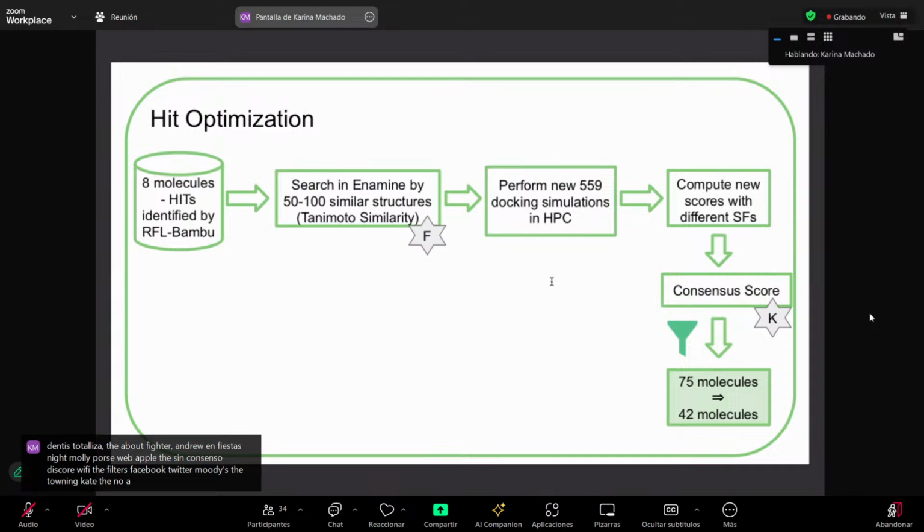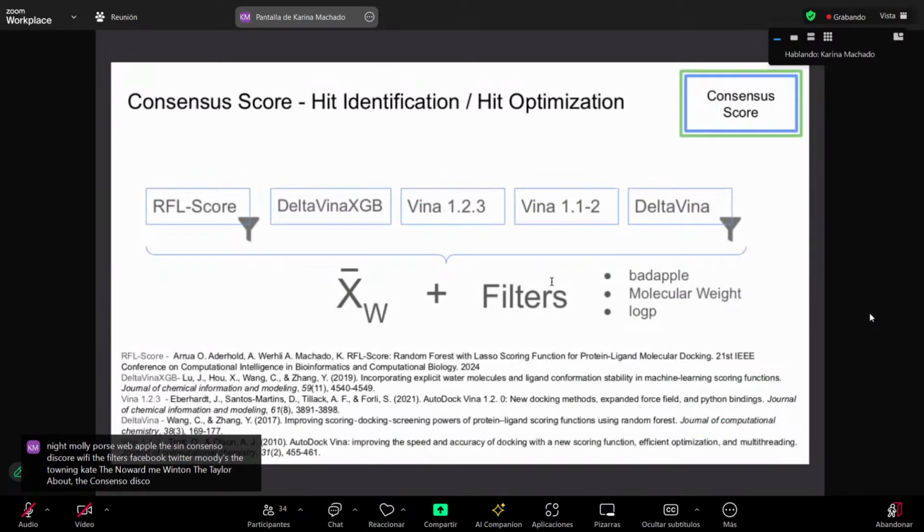Now I'm going to detail about the consensus score. So as consensus score, as I have mentioned before, we are considering 5 different scoring functions. It's important to mention that all these scoring functions are quite similar.